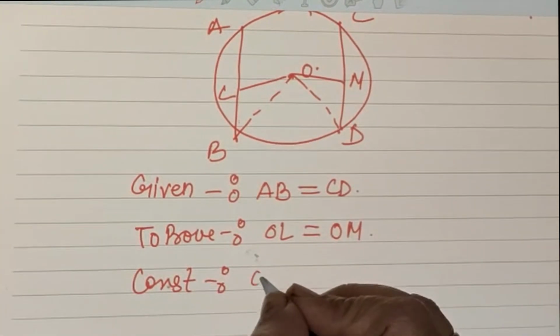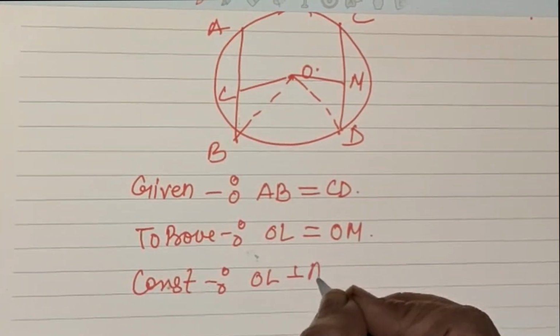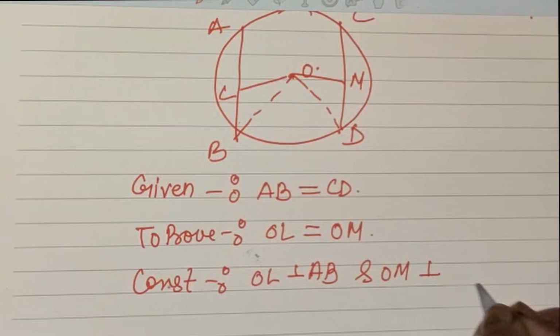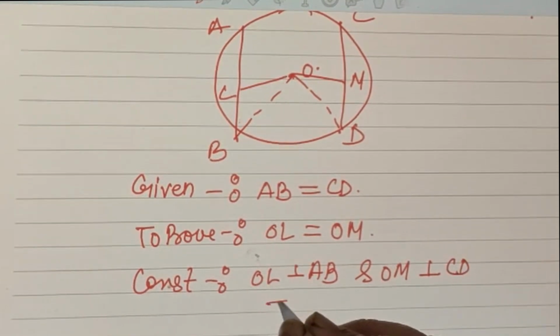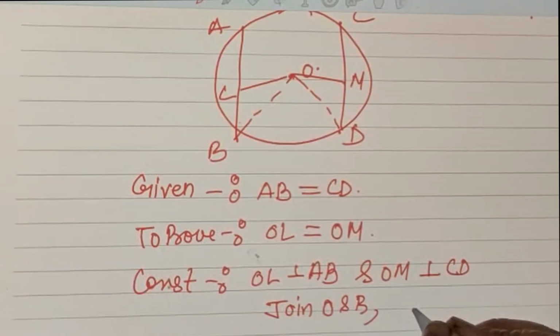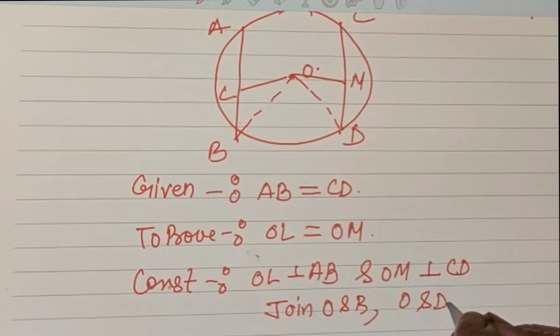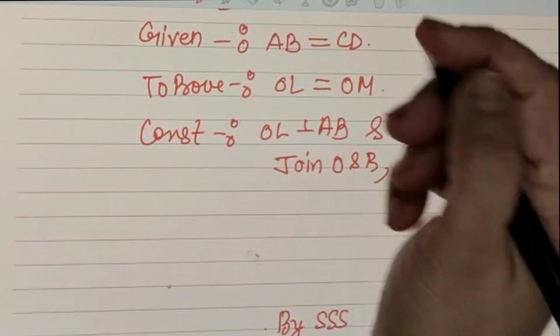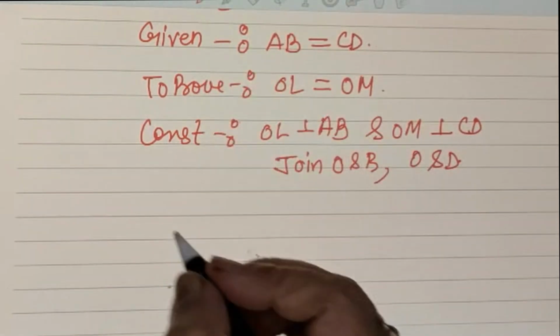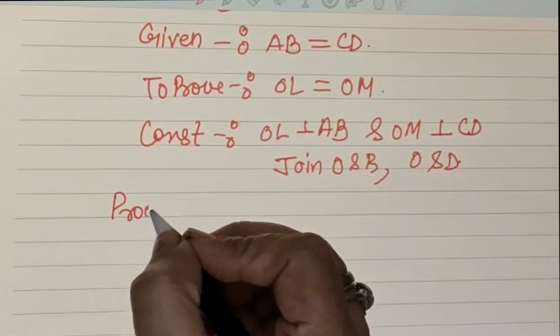Construction: we have done OL perpendicular to AB and OM perpendicular to CD. Join O and B, O and D. Correct? Going to start with the proof. Wait a minute, children.